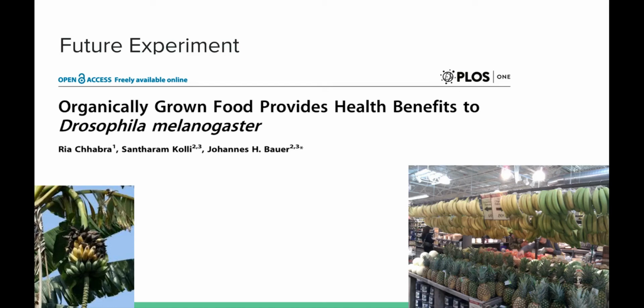One of the obvious issues in our experiment that we noted was that the fruit flies were more attracted to something in their natural environment. So for a future experiment, our food sources, instead of being our control, potato, banana, and honey, could be organic and conventionally grown bananas, to determine if the level of attraction of fruit flies to their natural environment is greater, or if it's just the food source itself.